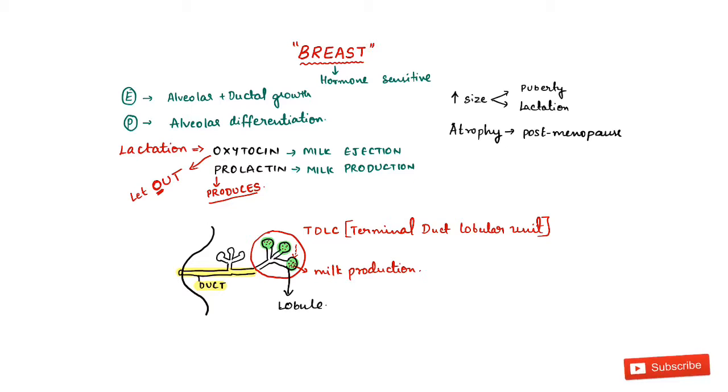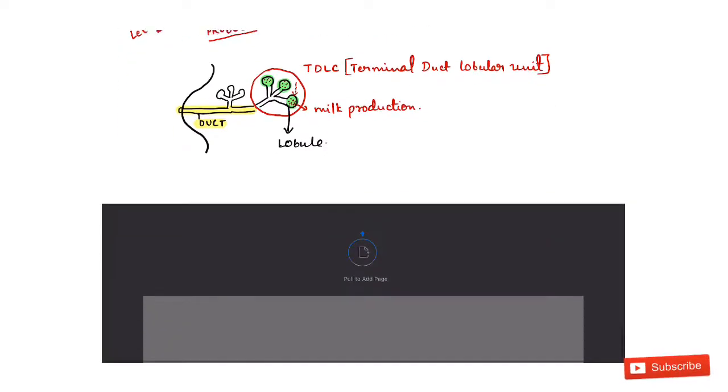And coming to the components of the breast tissue, there are mainly two components. The first one is the supportive tissue that we call stroma, and the second one is epithelium. About the stroma, just remember it is supportive in function.